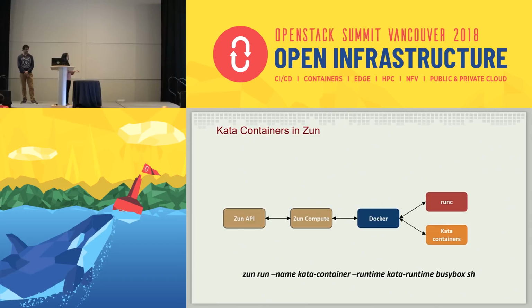One is the default runc, and the other one is Kata Containers. The operator has to install Kata Containers on the compute host and configure it as one of the runtimes for Docker. It's very simple to select any kind of runtime in Zun. You just have to specify the runtime option for which container you want to run with Zun. This will go and talk to the specified runtime and create the container for you.